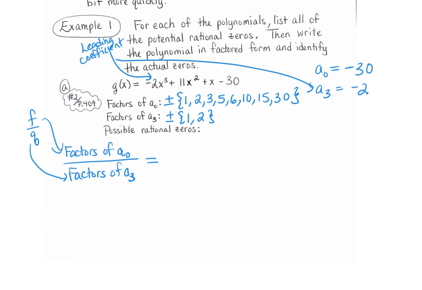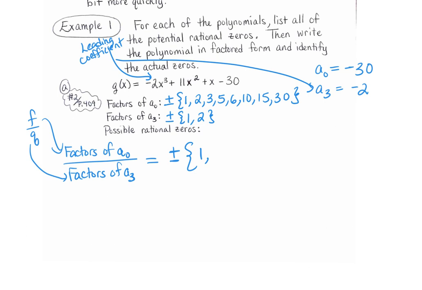Okay? You're welcome. So factors of a naught, technically outside, we have plus or minus, right? And then we have the set of all numbers. Now, check this out. You would take all of these numbers and put it over 1. Then you would take all of these numbers and put it over what? 2. That's it. So this is plus or minus 1 over 1 is 1.